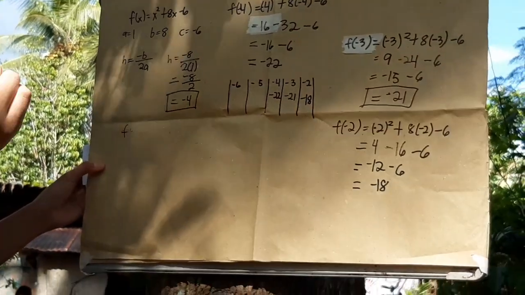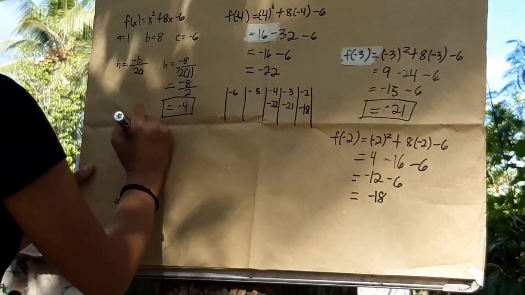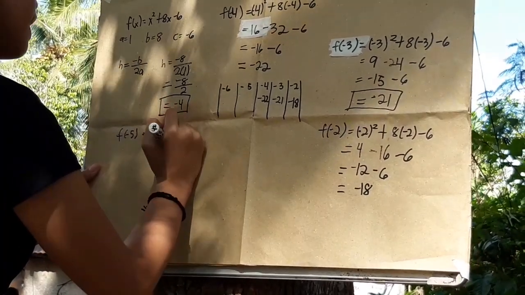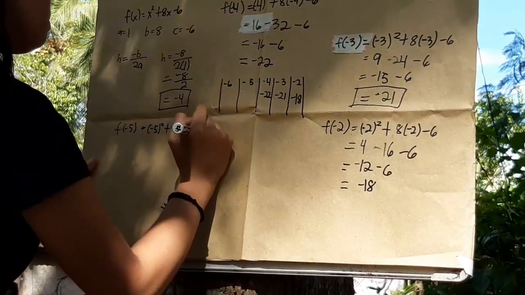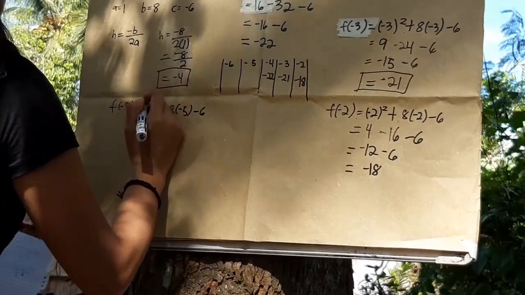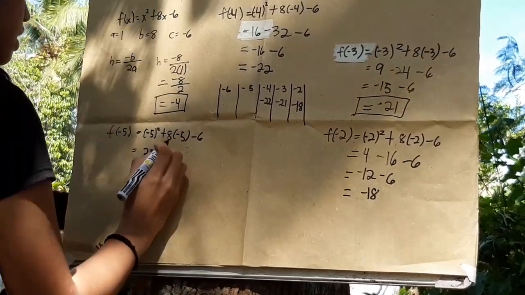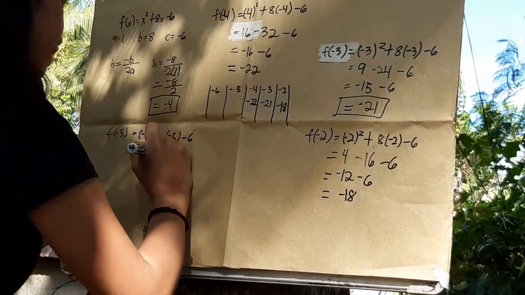Next is negative 5. F of negative 5 equals negative 5 squared plus 8 times negative 5 minus 6. Negative 5 squared is positive 25, and 8 times negative 5 is negative 40.